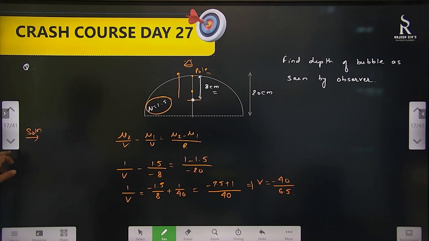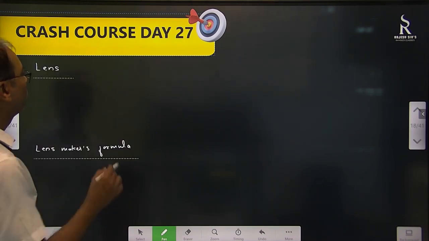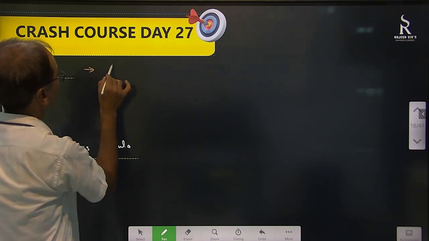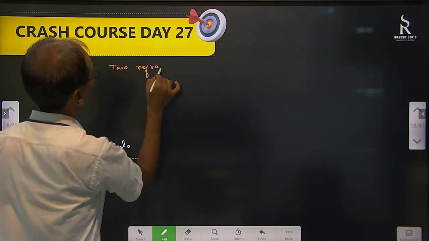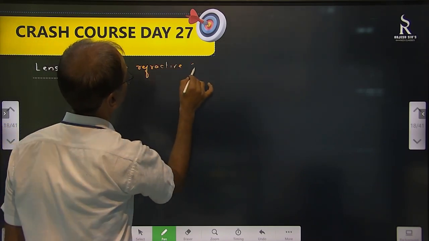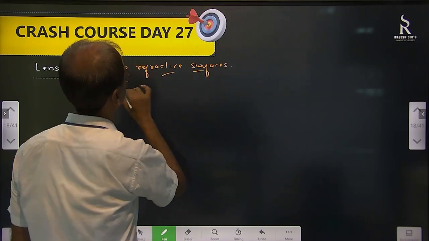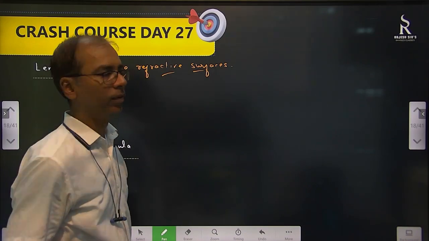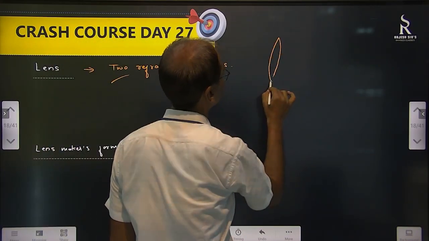Alright, then lens. Lens means what? You have two refractive surfaces. Normally we'll talk about biconvex lens. Biconvex lens means both surfaces are convex.